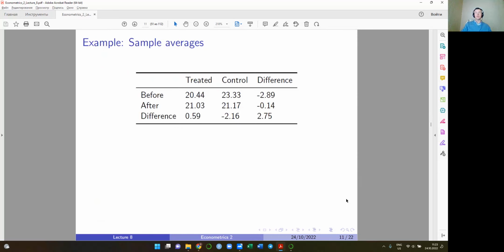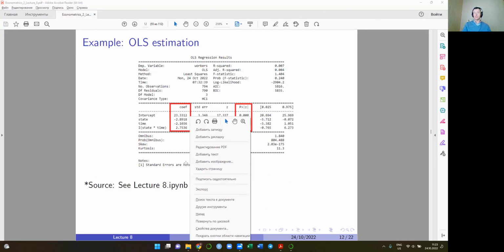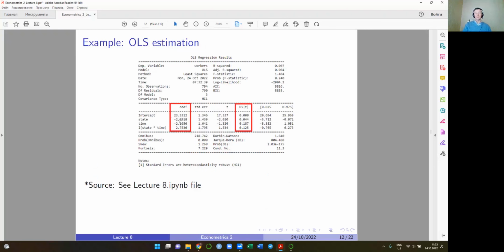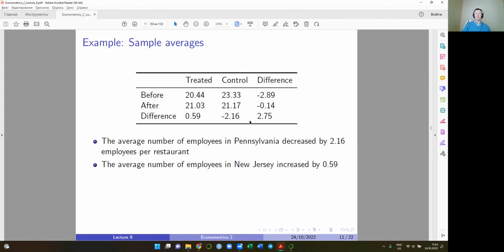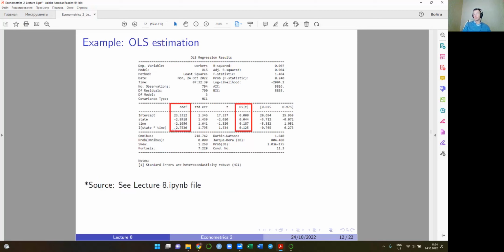For the control group, the difference between after and before is minus 2.16. Let's see the OLS estimates: yes, it's minus 2.16, exactly here. For the state, it is the difference before between the treated and control group, 2.89 here. And finally, the difference in differences estimate is the coefficient estimate on the interaction term.